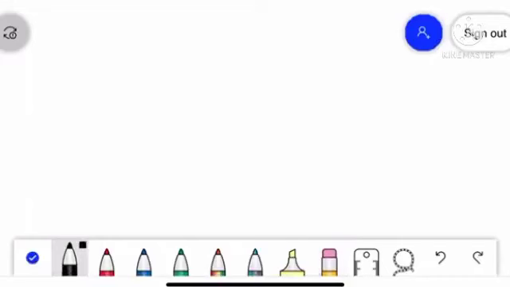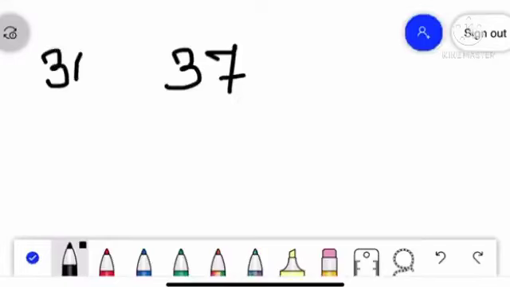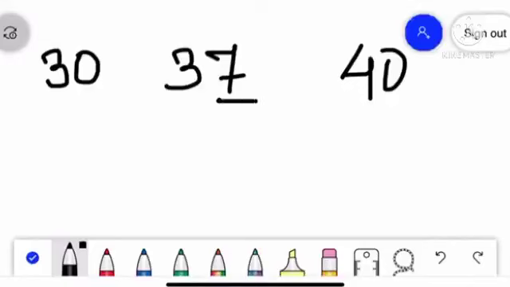For example, round off the number 37 to the nearest tens. So there are two possibilities. It can be 30 or it can be 40. But as you can see, the number is ending with 7 and 7 is greater than 5.